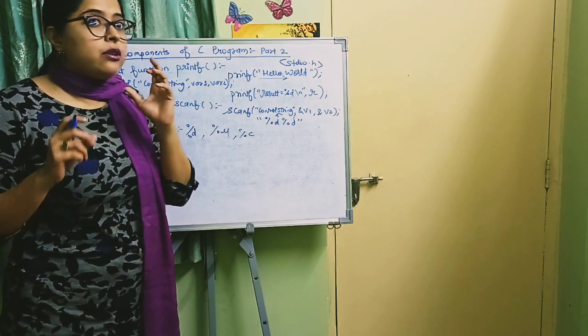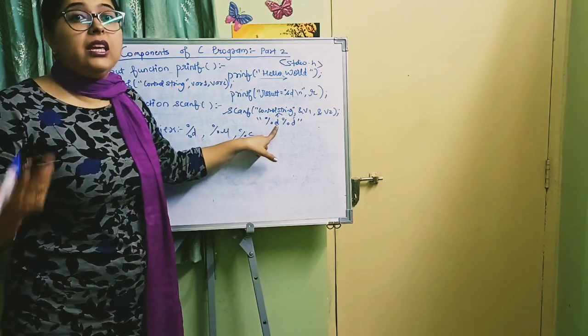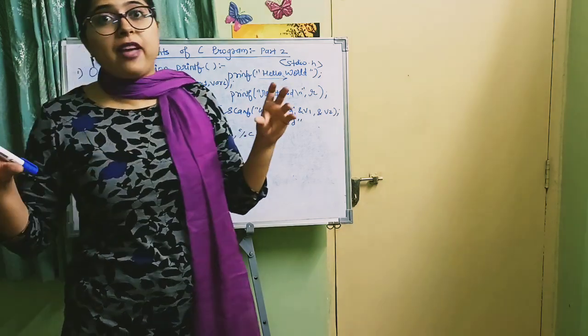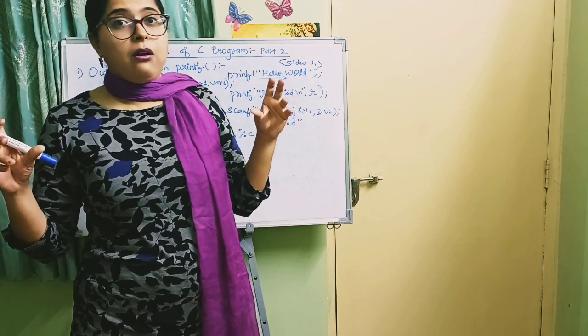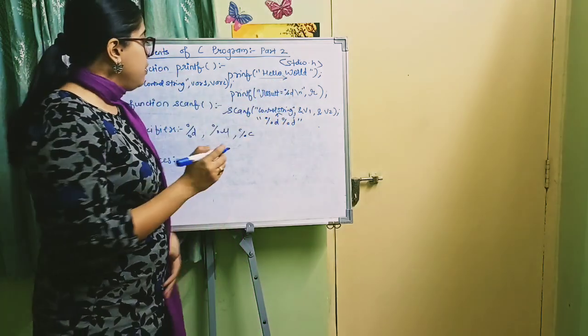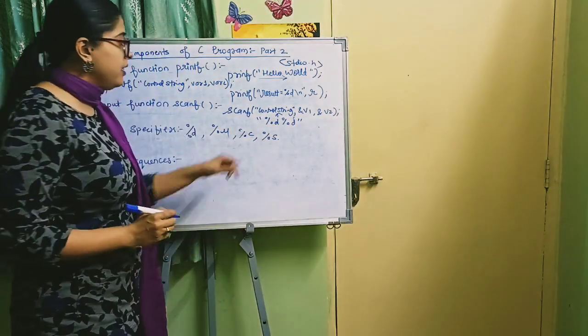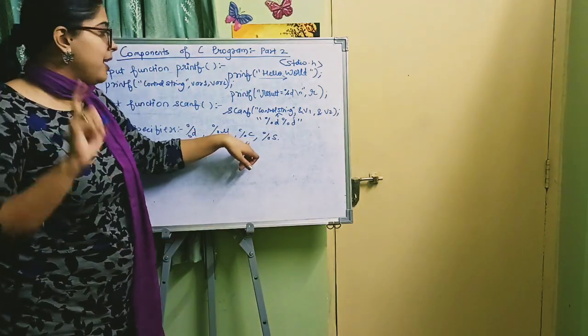Here we are using %d because it is a signed integer. If you want to store characters a, b, then you have to use %c instead of %d. And if you want to store a group of characters in a particular memory location or a string array, then you use %s. %s is for string, that is a group of characters. %c is for a single character.